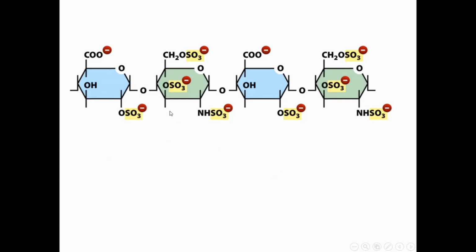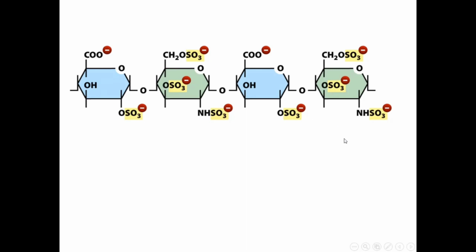Another characteristic of GAGs is that they have a lot of negative charge on the sugars, on the carbohydrates, for example sulfate groups and carboxyl groups. We said they have a high content of negative charge. In our body, to neutralize this negative charge, they absorb a positive charge.